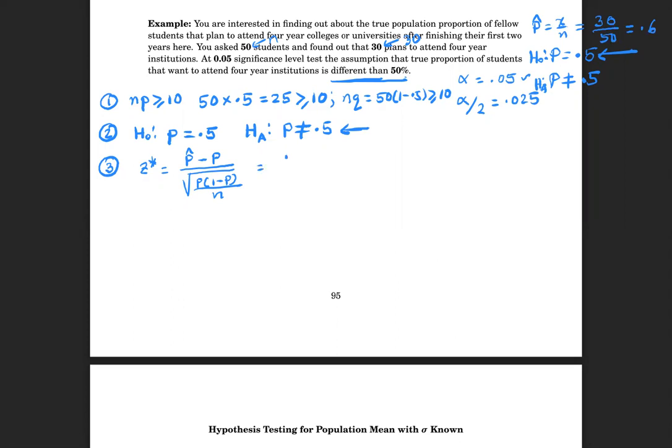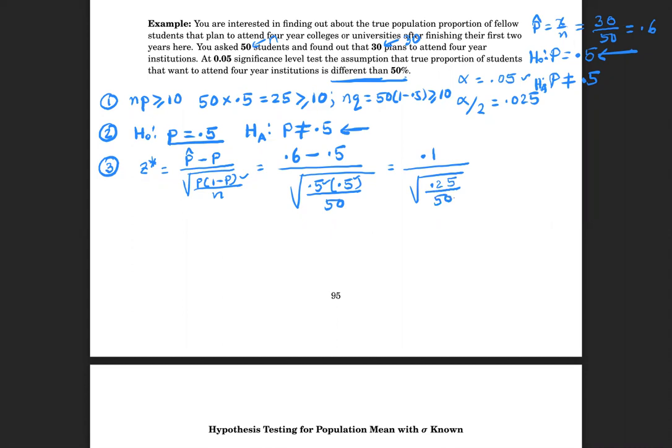So 0.6 minus P, which is 0.5, all of it divided by the square root of 0.5 times 1 minus 0.5, which is also 0.5, divided by 50. That's going to give you 0.6 minus 0.5, which is 0.1, divided by the square root of 0.5 times 0.5, which is 0.25, divided by 50.